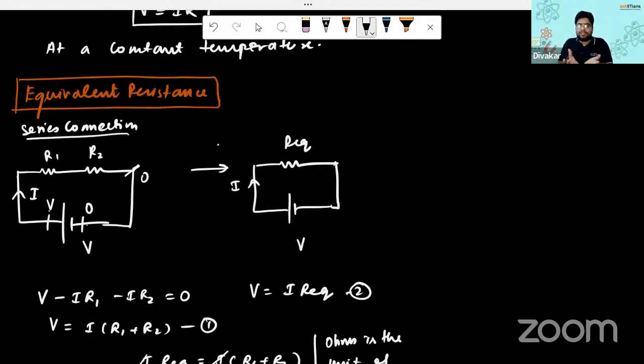So in a nutshell, if you have resistances in series, the equivalent resistance will be the summation of them. Simple. How to prove it? Just apply money you have, toll tax paid in the first case, and money you have, toll tax paid in the equivalent case. Equate them. Done. What is the toll tax you pay? I into R.